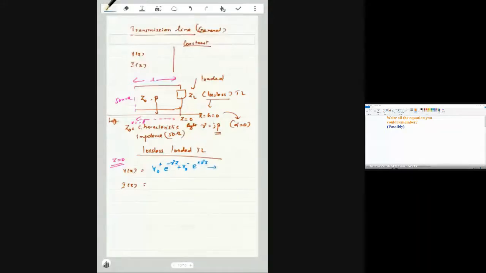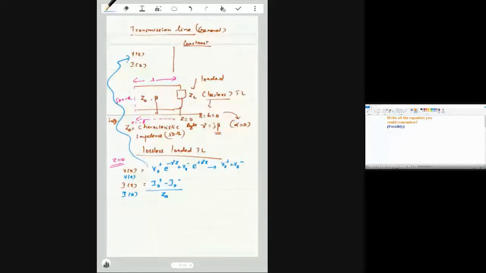It tends to be V naught plus and V naught minus because z equal to 0. This is called V of 0. In the same way, the current at the load can be written as I naught plus minus I naught minus, divided by Z naught. You would have known these equations, as we have seen them many times earlier.